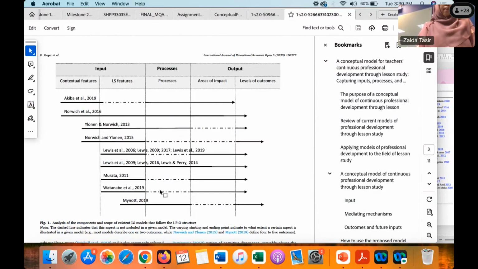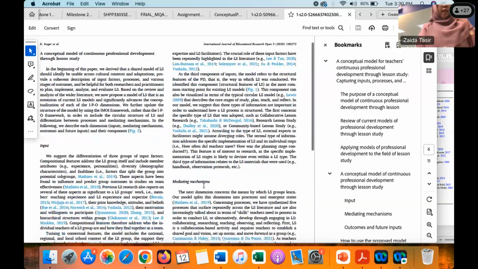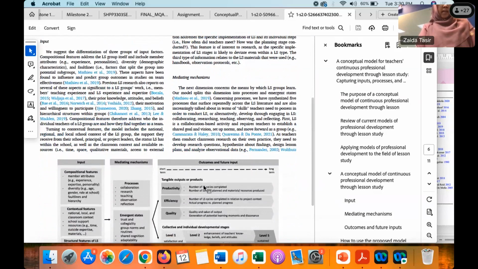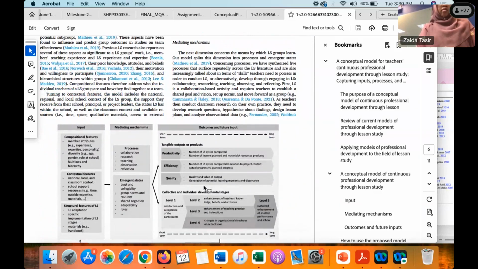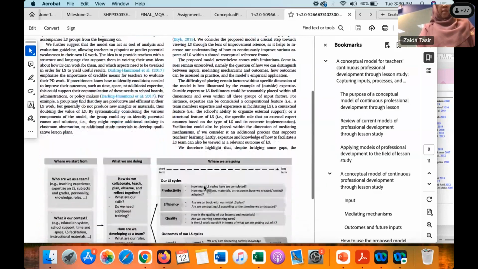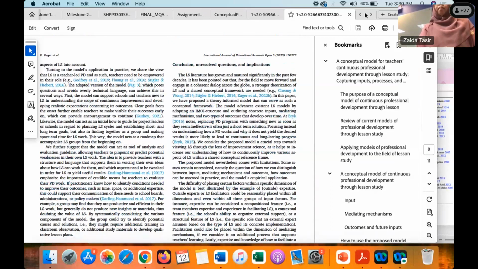This article tries to categorize the previous research into those focusing on input, those focusing on process, and those focusing on output. This is one example, and it just explains it and presents it in a very interesting way. They don't have data, they don't have methodology, they just present it. So it's published in Scopus journals.